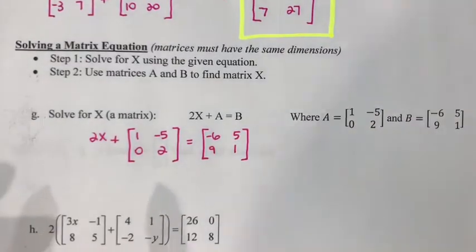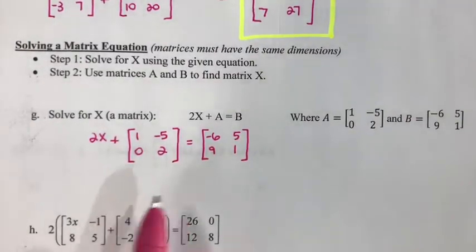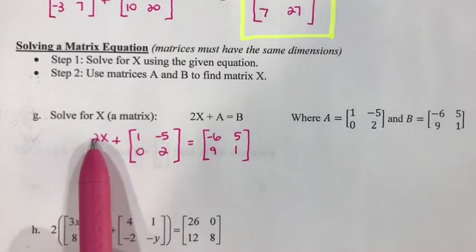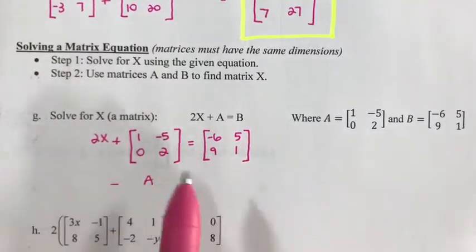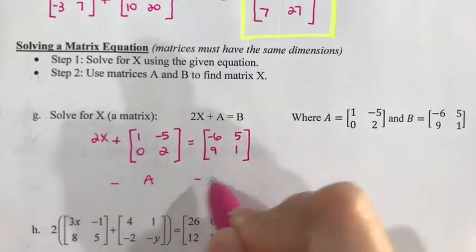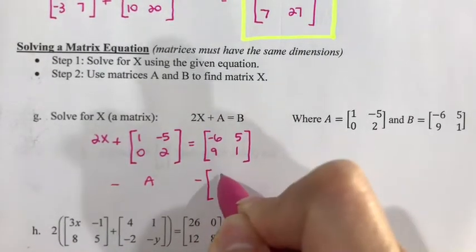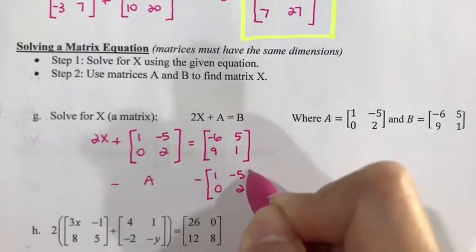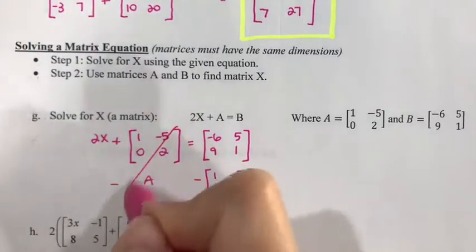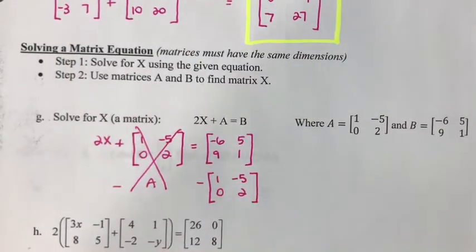So it's just like solving an actual equation where I need to get our variable by itself. So I need to subtract this matrix. So I'm just going to write minus A. I'm going to write minus 1, -5, 0, and 2. Okay, so really what we did was we just canceled this out.